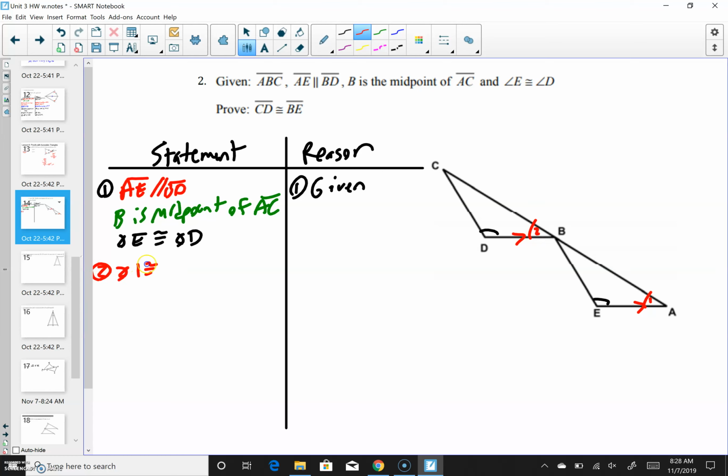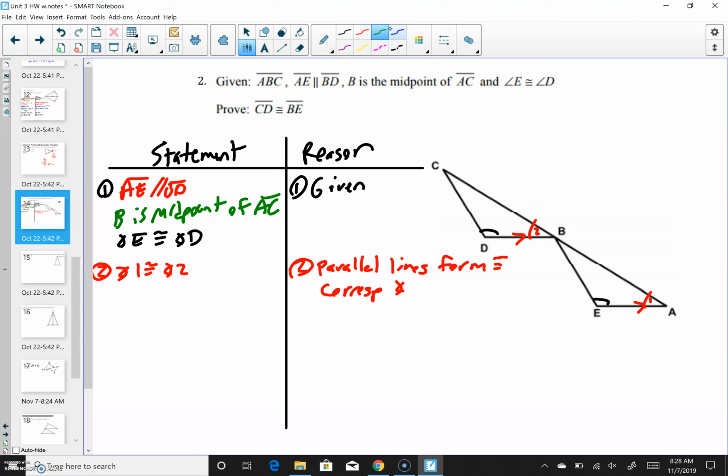Angle 1 is congruent to angle 2. It's almost the same reason as alternate interior: parallel lines form congruent corresponding angles. So that's how we get our angle pair from our parallel lines.